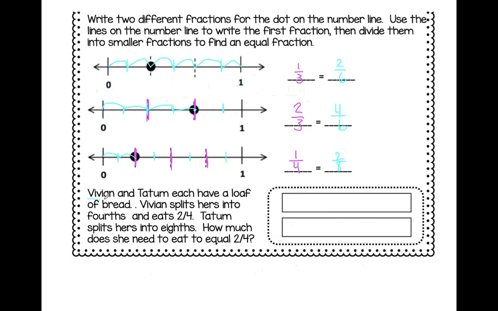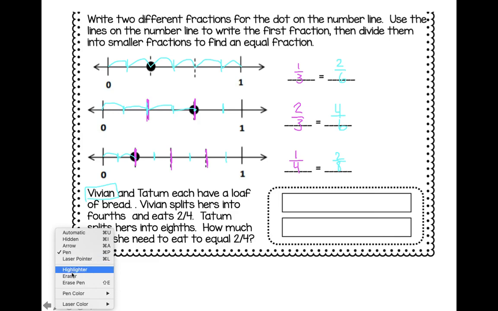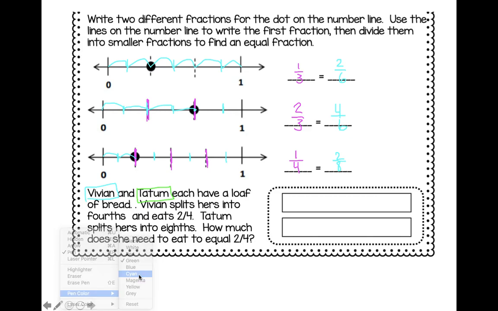So for Vivian, we are going to make her blue. And for Tatum, we will make her green this time. Now, it says that Vivian splits her loaf, so we'll call this Vivian's loaf. She splits hers into fourths, so try your best to break this apart into fourths.